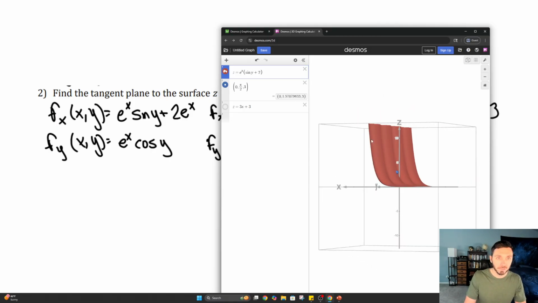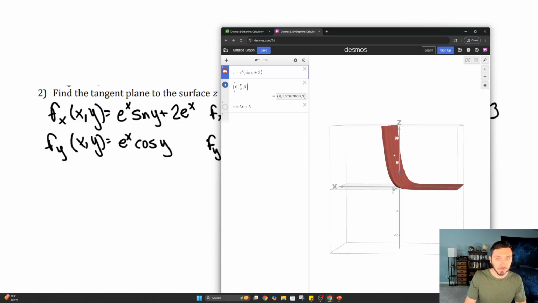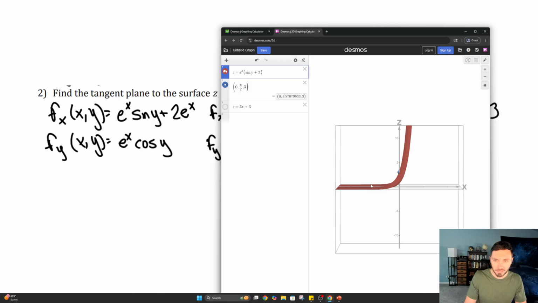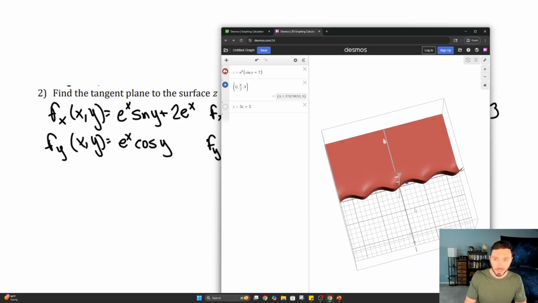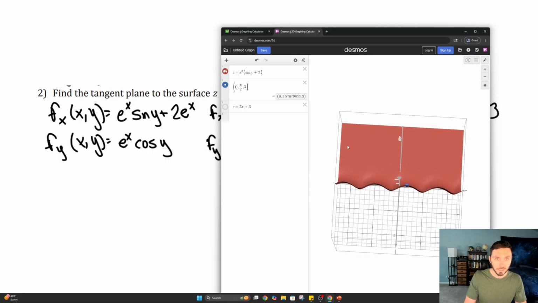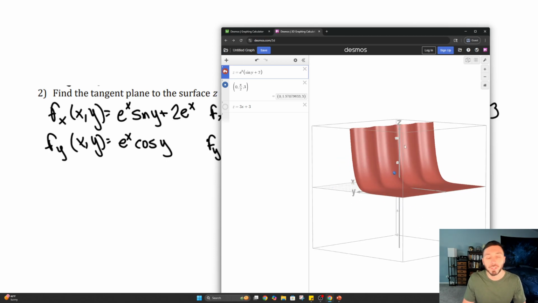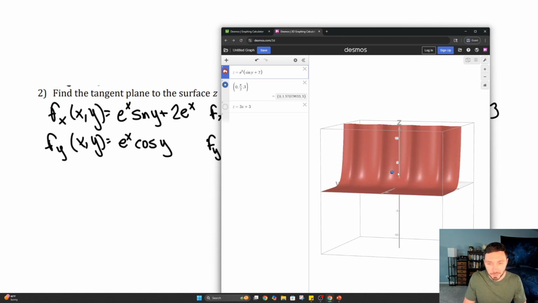So here's my read on how to get an equation that looks like this real fast: if you look at the x, z plane, you see the exponential, and that's kind of what's happening here. z is equal to e to the x. And then, of course, you get that little wave as your y changes, right? You don't need to know what that looks like, but it's nice to see the intuition behind it. So here's our point of interest right here in blue.